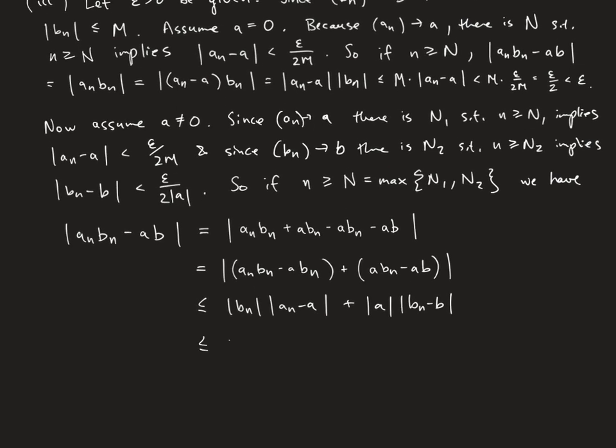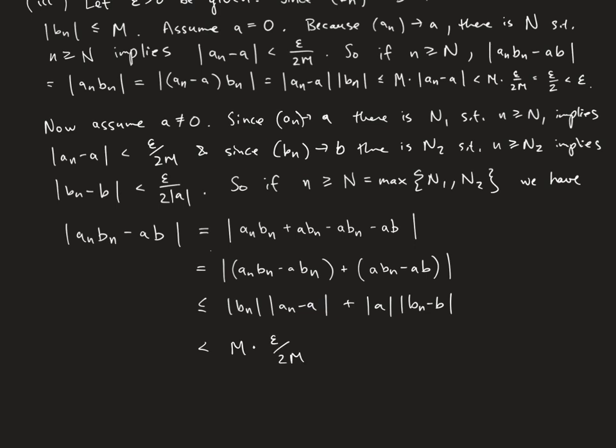The bn's are bounded by m. The an minus a, I guess we're doing all this in one step. The |bn| are less than or equal to m, but the |an − a| are strictly less than epsilon over 2m.